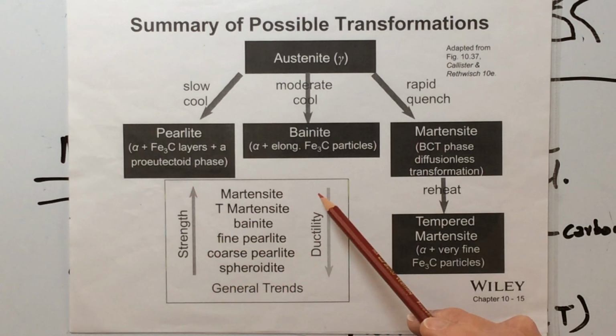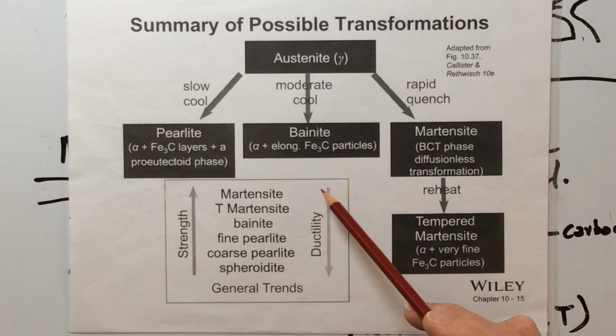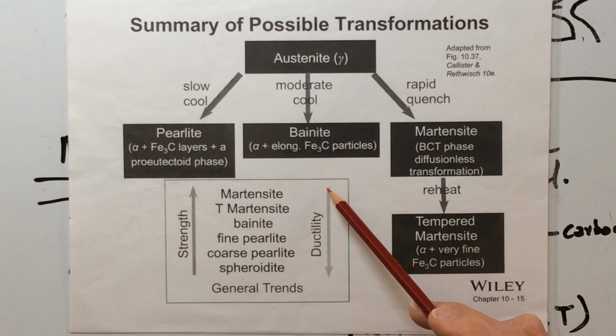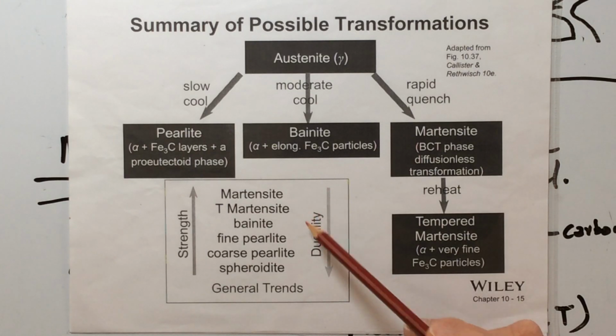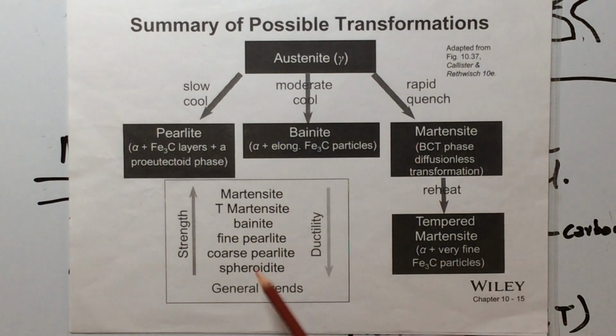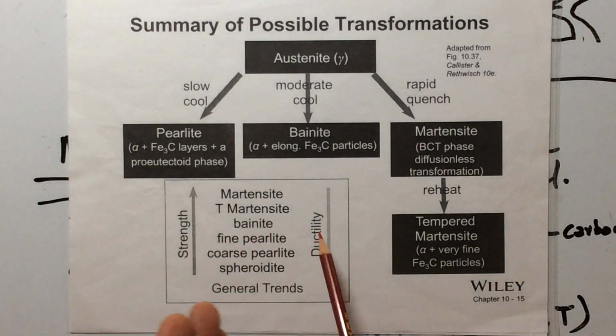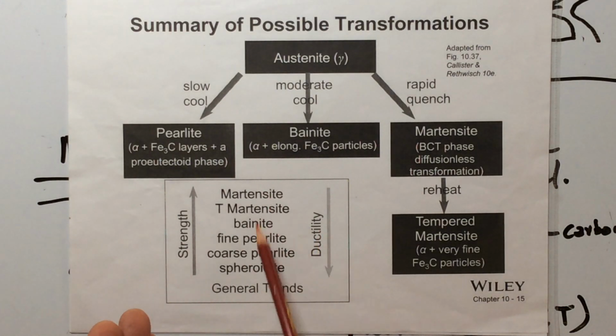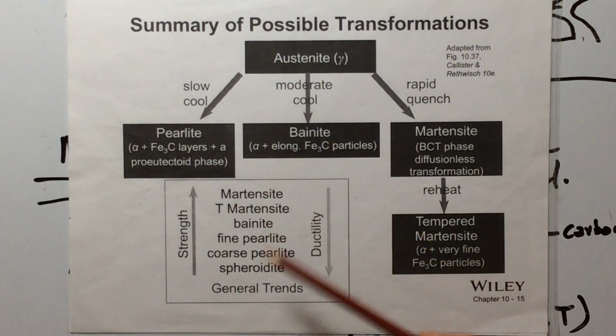On the other side, martensite has no ductility, so ductility increases as we go down; in other words, there's more ductility here than up here. So that shows the general trends of what's taking place between the properties of strength and ductility as you transform into these different microconstituent products that are representative in these isothermal transformation diagrams. So we will move on to alloys and heat treating next video.